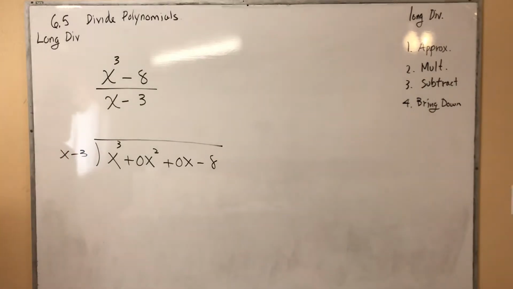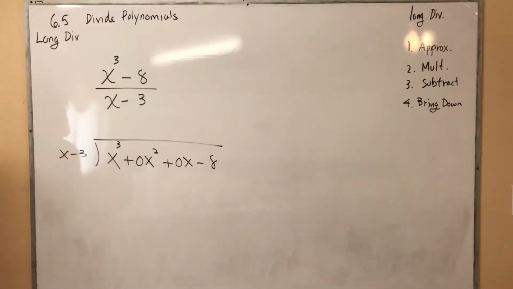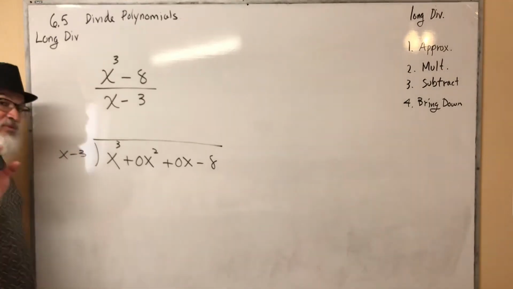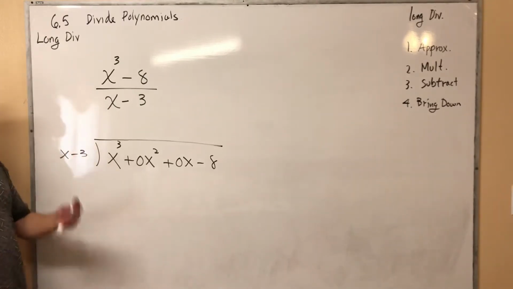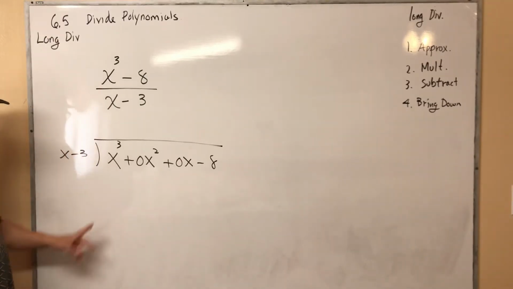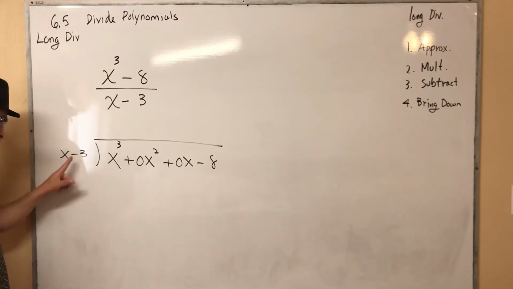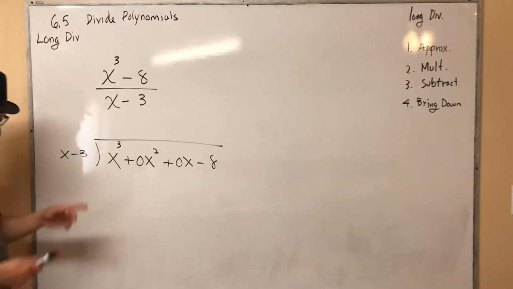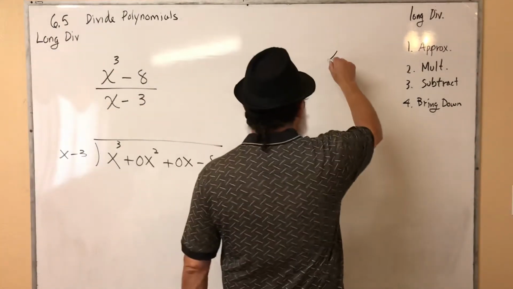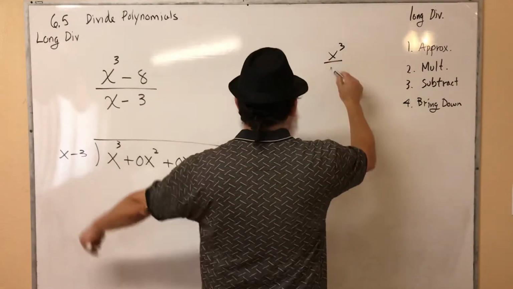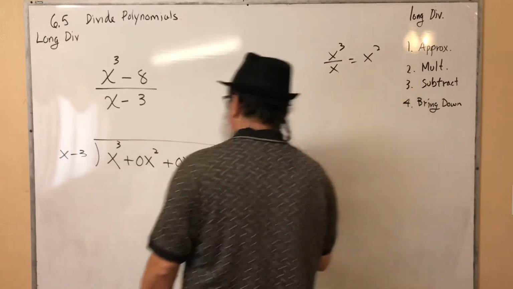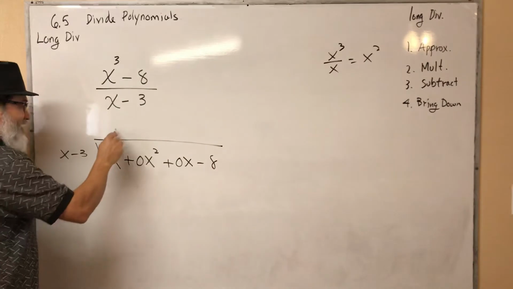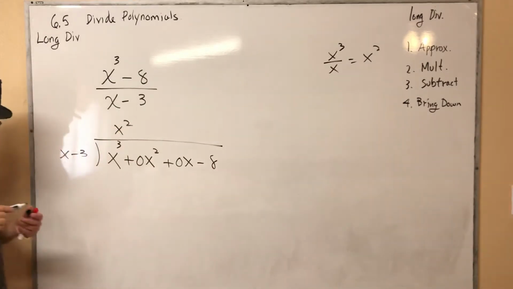Very good. Now you'll see why we need those missing terms. Now let's divide. Let's take x cubed divided by x, drop the minus 3, and you get x squared.